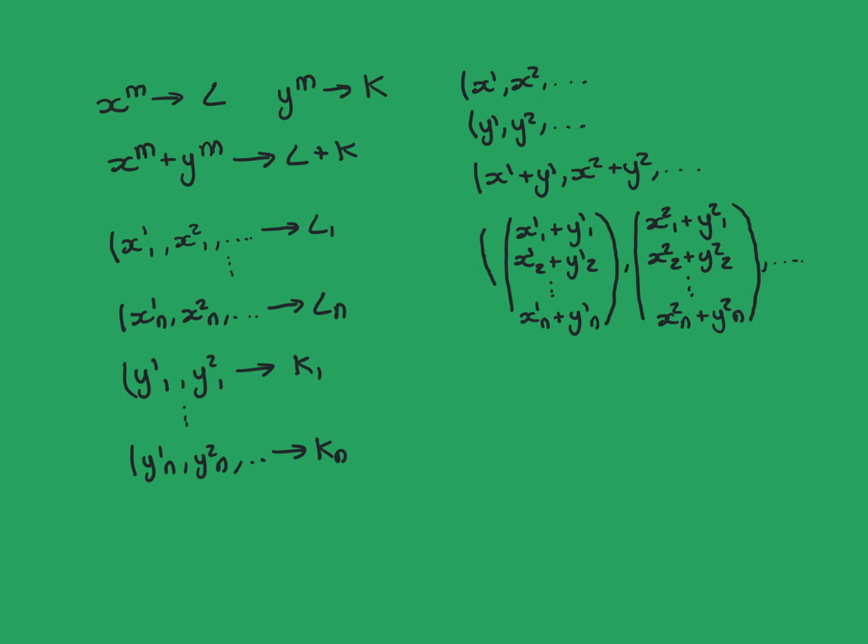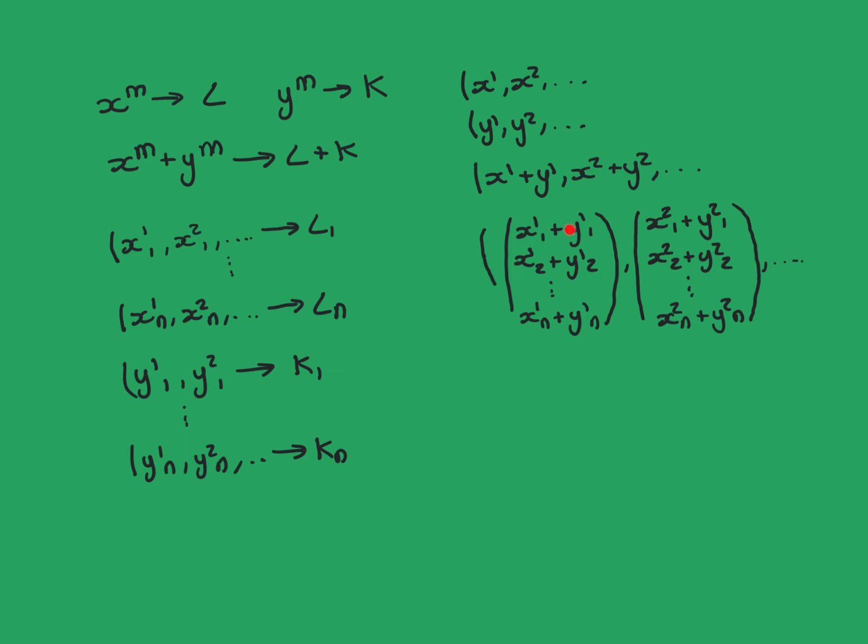And now what you can see is that each of the coordinate sequences in the vector sequence you got from adding the two vector sequences together is a sequence of real numbers that you get from adding together two of these convergent coordinate sequences.